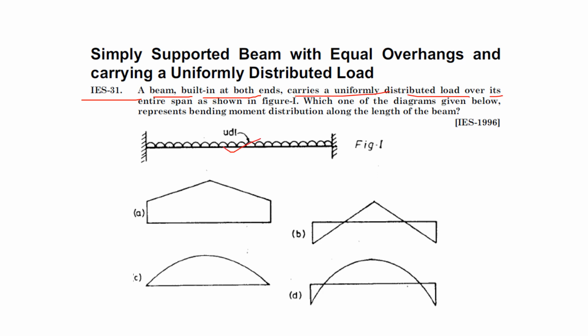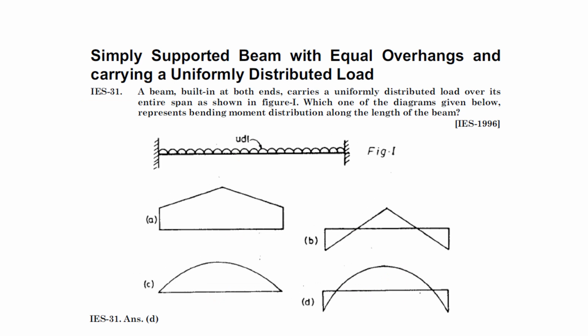UDL is given, so they are asking for the bending moment diagram. Don't read these things. Just see the loading condition is given as UDL and they're asking what the BMD is for this loading condition. Options A, B, C and D. For this kind of loading, the BMD is a direct expression.